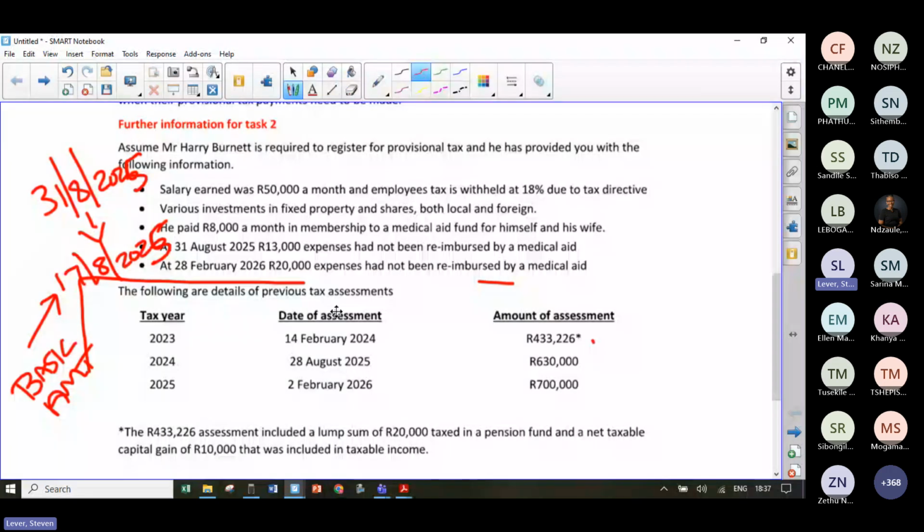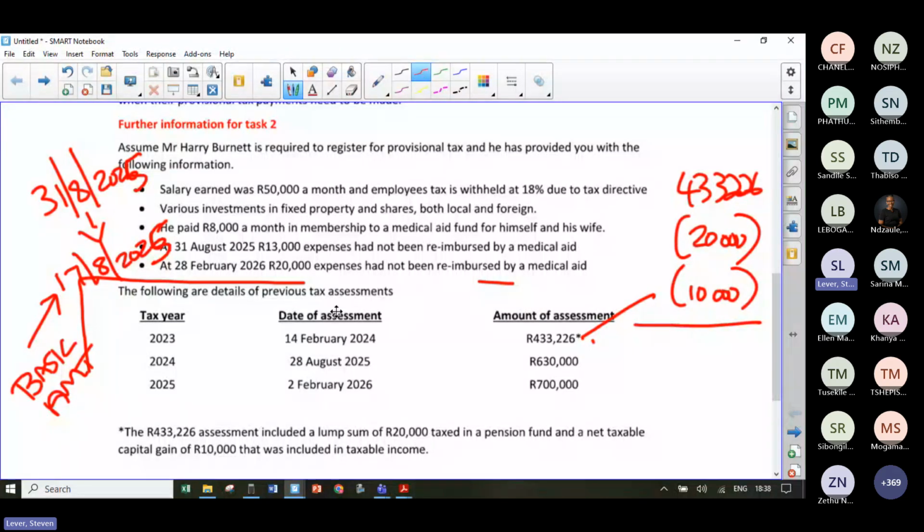When we work out basic amounts, lump sums must get taken out and capital gains must be taken out. So when you work out a basic amount, it's always going to be without the lump sum and without the capital gain. Okay, so that's the next principle.